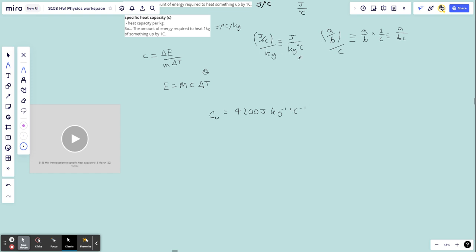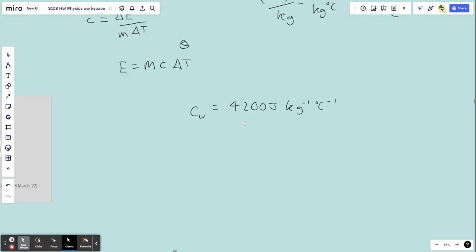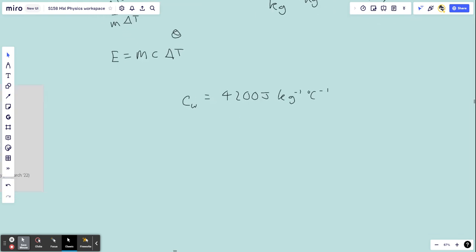After I've gone over units a little bit, hopefully that's less confusing now, but I won't elaborate on that now. So, okay, that's the specific heat capacity of water.